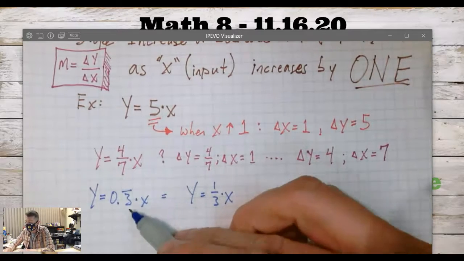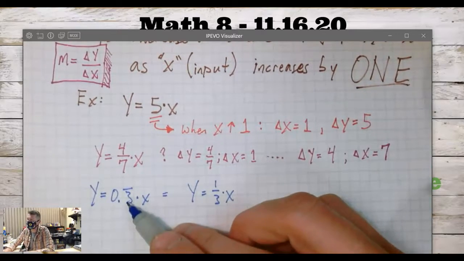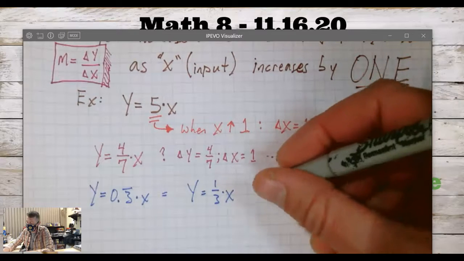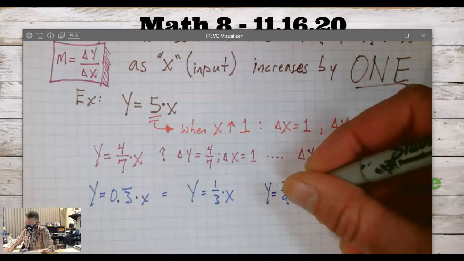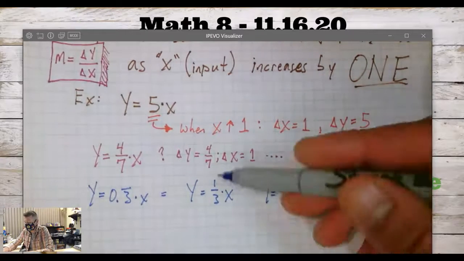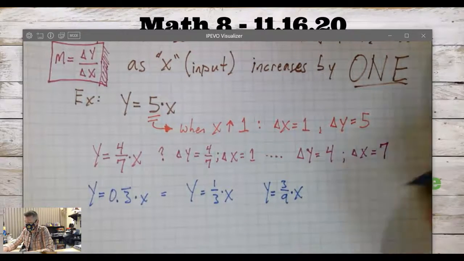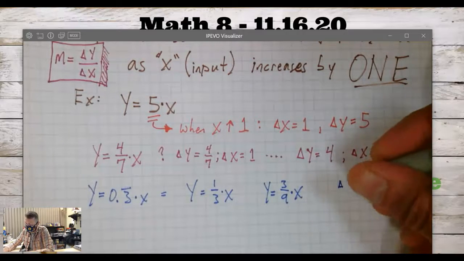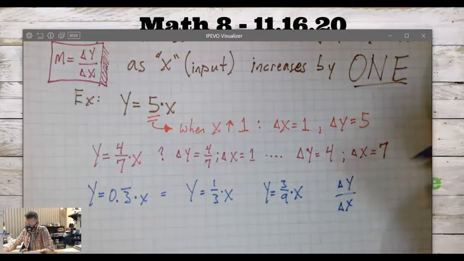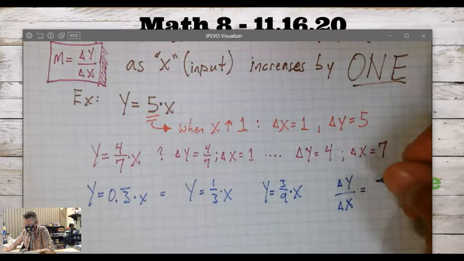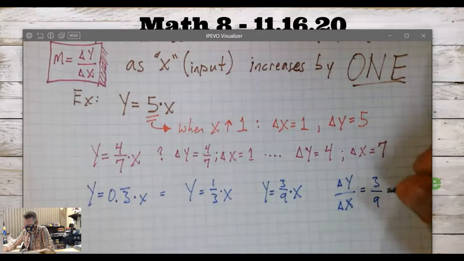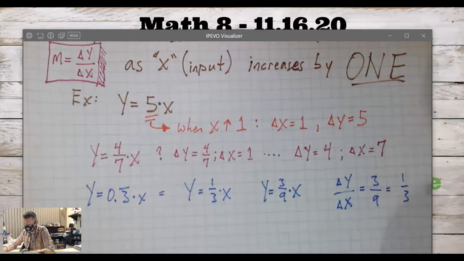Or if you just remember the 1 digit repeating goes over a 9, this is also like saying y is 3/9 x. It's the same, right? 1/3 and 3/9. So we could say, okay, delta y over delta x. This is the easiest way to talk about slope. Just write that slope fraction out. All right, it's either 3/9, like rise, run, or 1/3, or whatever.